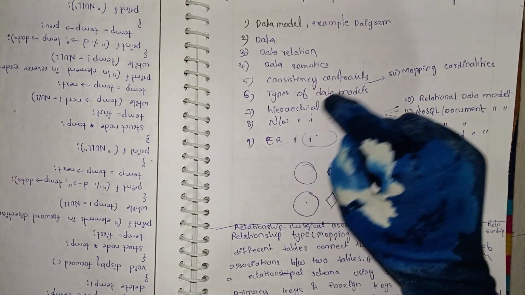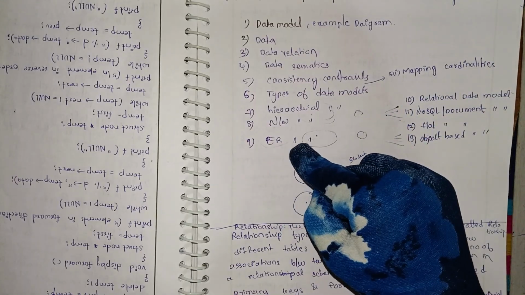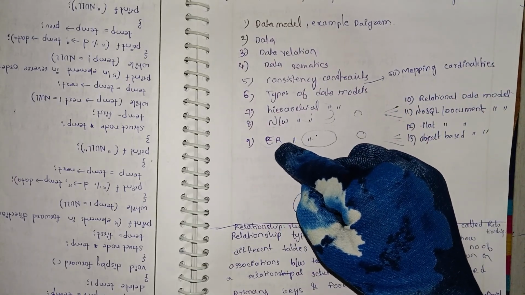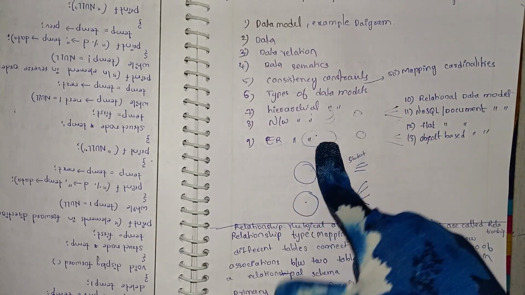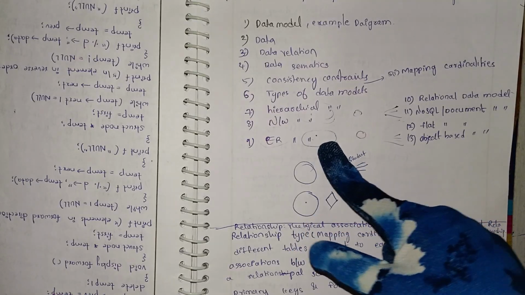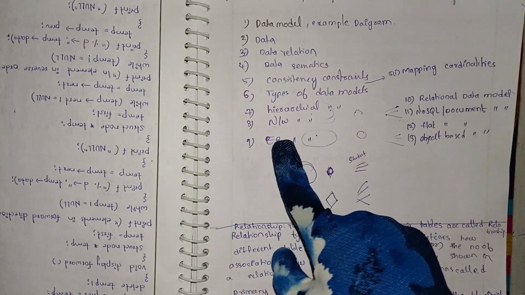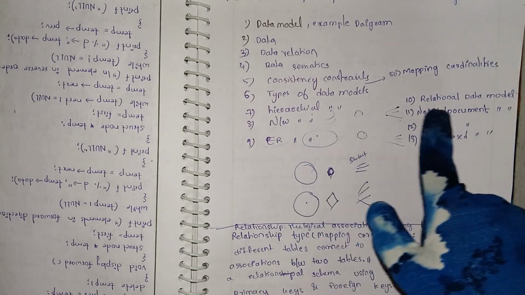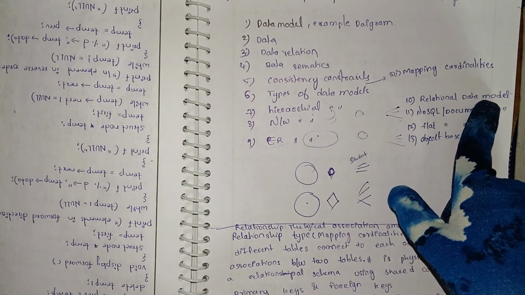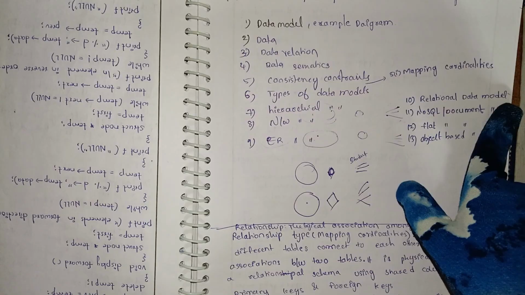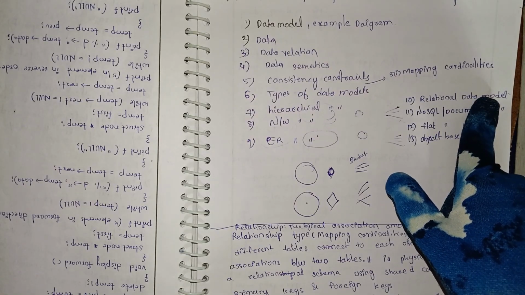We have seen mapping cardinalities in the entity relationship data model, but the mapping cardinalities of the ER data model and of the relational data model are somewhat different.